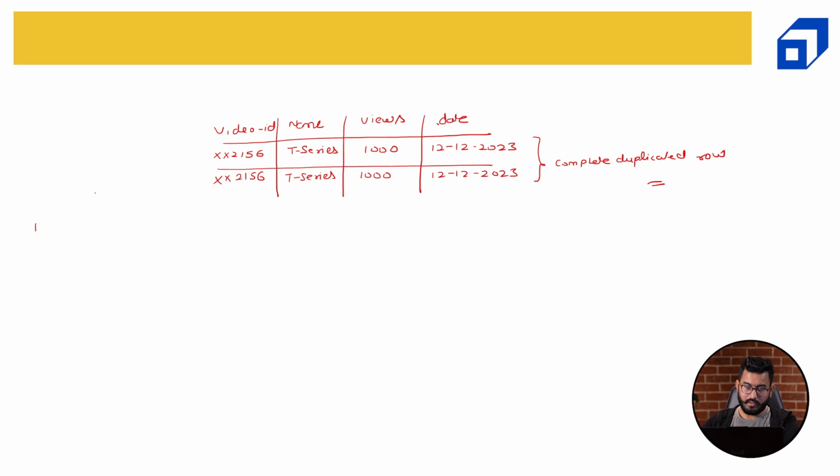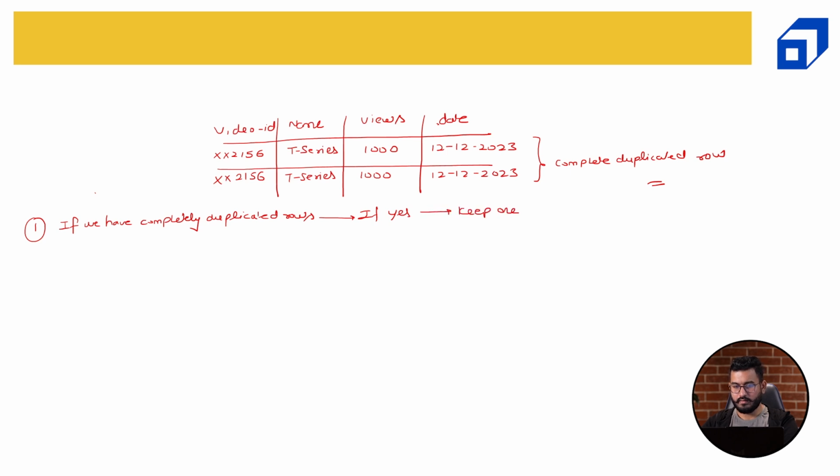So first of all, I will check if we have completely duplicated rows, and if we have them, we will remove them and keep only one of them.